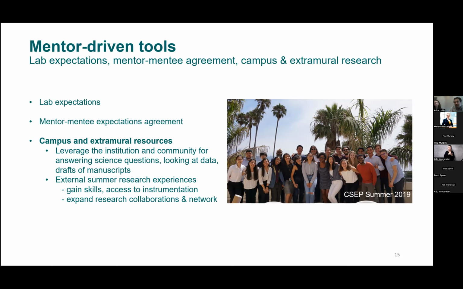But really, building that network and collecting mentors, we encourage everyone to look at the resources available within their university or their community of science research so that they can leverage those to, for example, get external summer research experience, where the students can gain research skills, access to instruments, and expand their collaborations and networks.